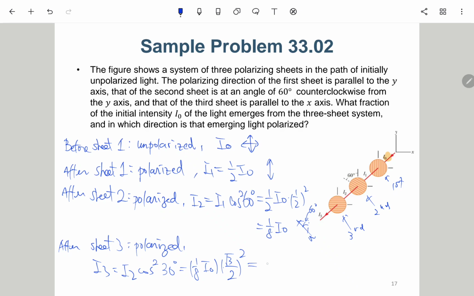So this final one will be 0.094 I0. This will be polarized along the x-axis, that is, horizontally polarized.